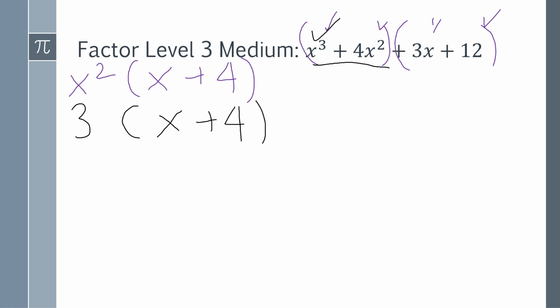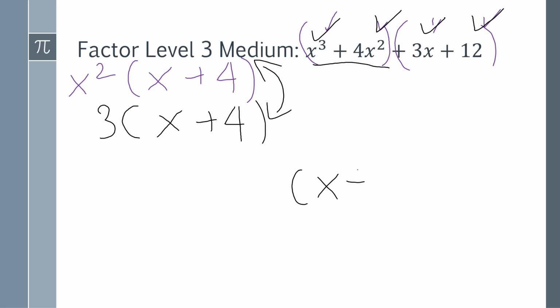I know x squared times 4 gives me 4x squared. So I got that right. Now in my second group, it's going to be 3 times x gives me 3x. I know 3 times 4 gives me 12. And so my stuff are matching. So it's going to be x plus 4 in the back and x squared plus 3.